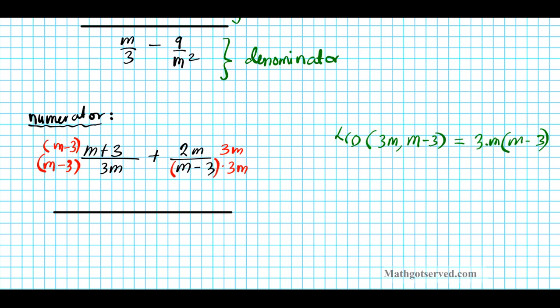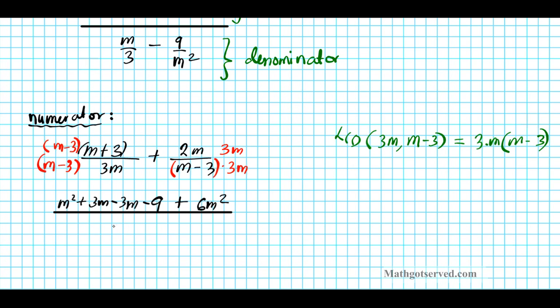So if you remember your difference of squares formula, this should come out to m squared minus 9. Okay, but let's just FOIL this out. Assuming we don't remember the formula, we're going to have m squared first, outer, 3m, inner, minus 3m, last, minus 9. 2m times 3m will give us 6m squared.